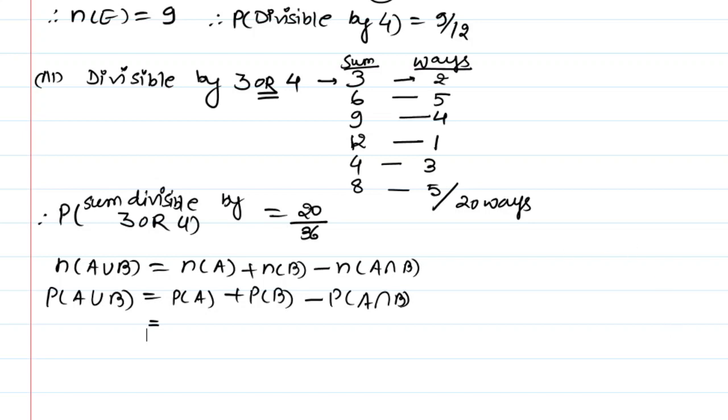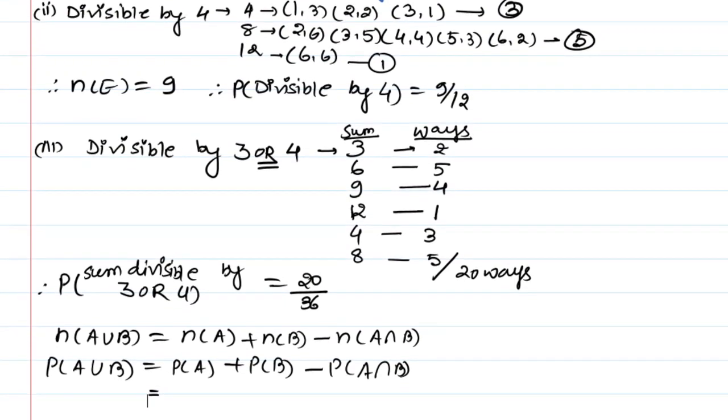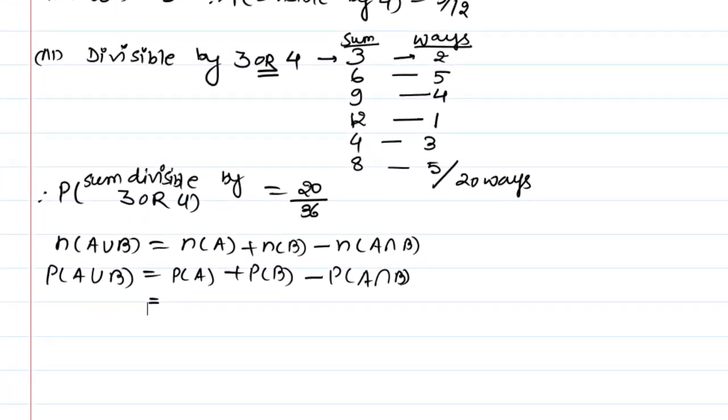Right? 3 and 4 both. So let's understand what are the ways in which I can get the probability of the number which is divisible by 3. So we had got it as 12 by 36. 12 by 36 plus 9 by 36.